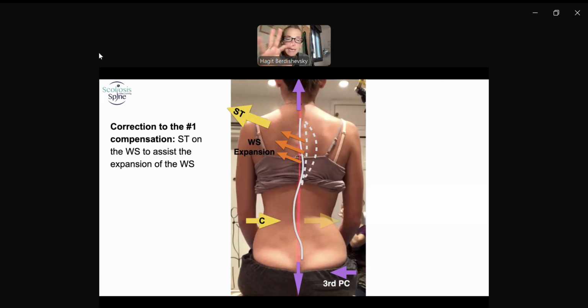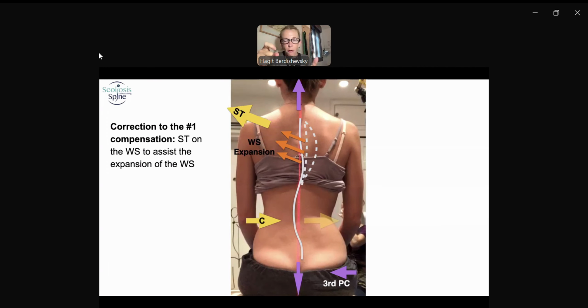And this is basically the purpose of the shoulder traction, or shoulder counter traction, on the weak side. It is basically to correct the compensation of the main thoracic that comes from working the lumbar.